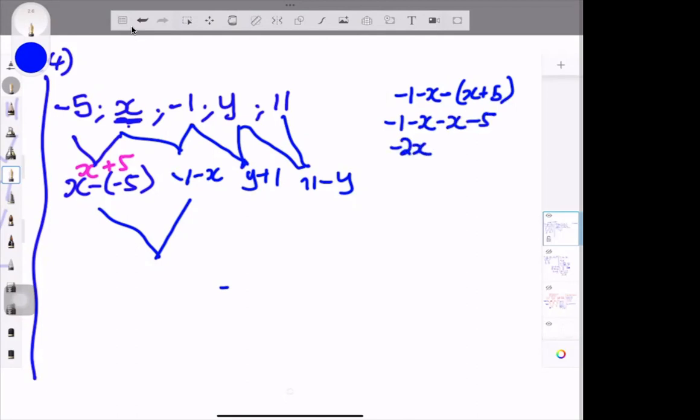And that's my second difference. And then I'm going to have this one, y plus 1 minus, in brackets, -1 minus x, which is y plus 1 plus 1 plus x, which is x plus y plus 2.